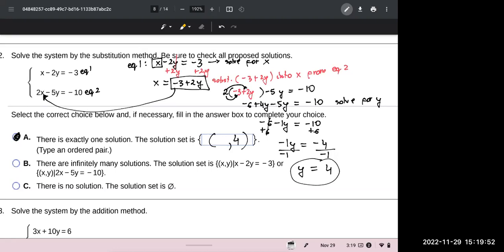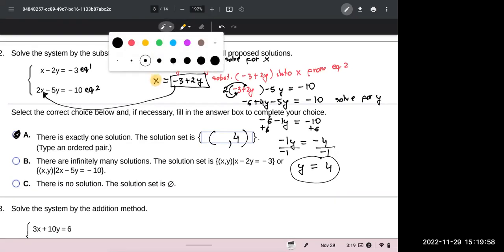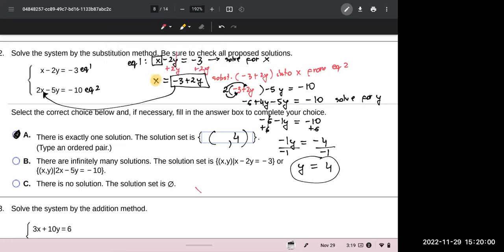So we have y. Now we have to go back and figure out what is the x coordinate. So now I will go back. We know that x is the same as negative 3 plus 2y. So we're going to substitute y with the number 4. And that will give us negative 3 plus 8, which is 5.